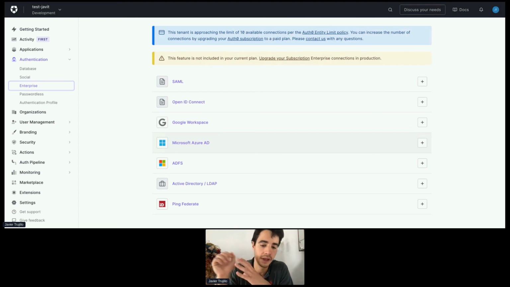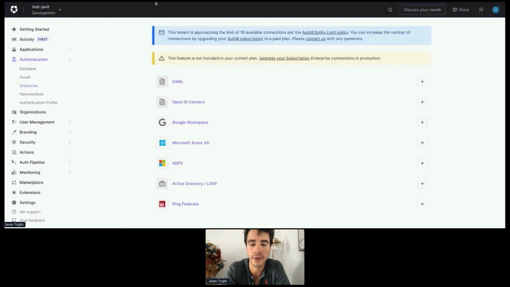But the actual data and the lifecycle management of those users is controlled by the company itself. So if they change my name, for example, or my roles, they are responsible for it. They've got control over it. So yeah, that's a good question. I personally see that happening much more with large companies than with smaller ones. SMBs, not as much. Enterprises, yeah.